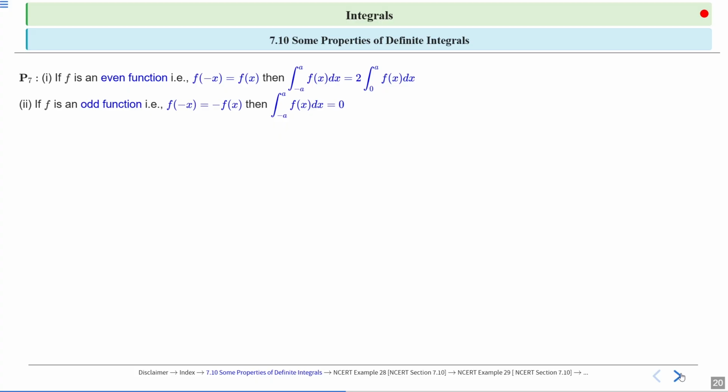And if f is an odd function, that is f(minus x) is equal to minus f(x), for example x cube, so x cube is an odd function. In that case, if we want to find the value of the definite integral from minus a to a of f(x) dx, it is 0. We don't even need to calculate the integral, we get it as 0. Let's see why.